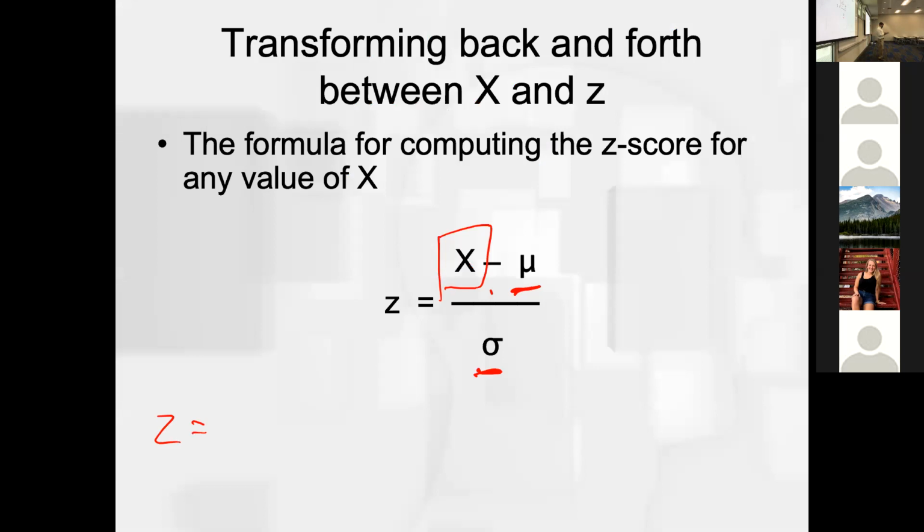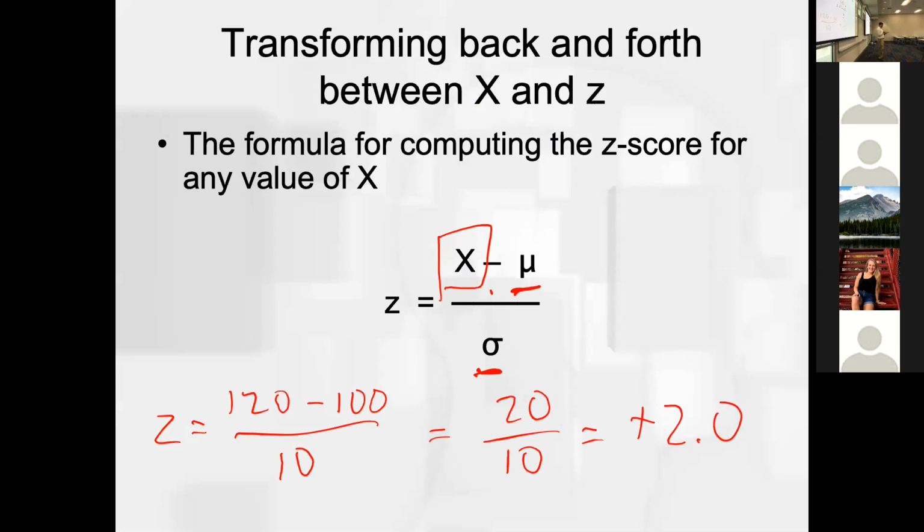So our z is equal to 120 minus 100, which is that mean, divided by 10, which is that standard deviation, or 20 over 10 equals positive 2.0. So somebody with an IQ of 120 in this population we pulled from has a z-score of positive 2.0.